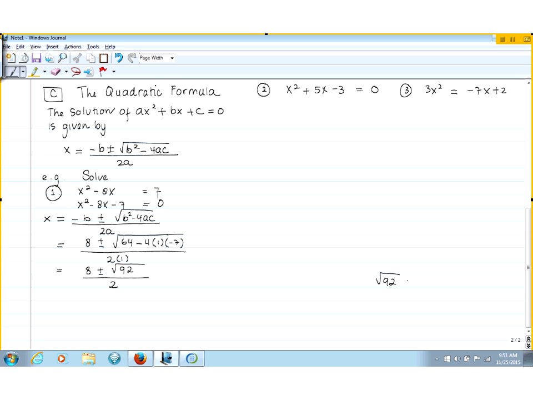What is the square root of 92? Is there any perfect square I could factor out from 92? Four. Yes, so 4 times 23. So the square root of 4 times 23 is 2 square root of 23, divided by 2.